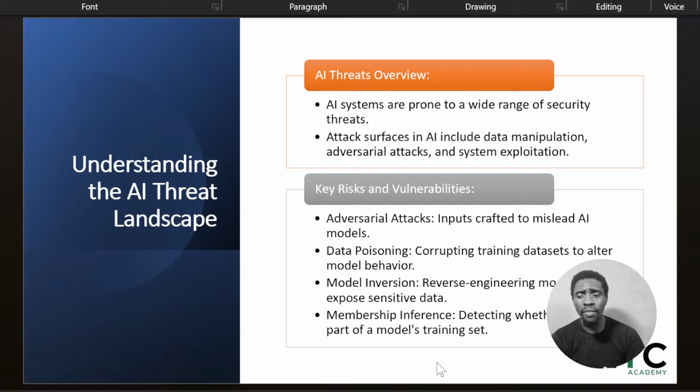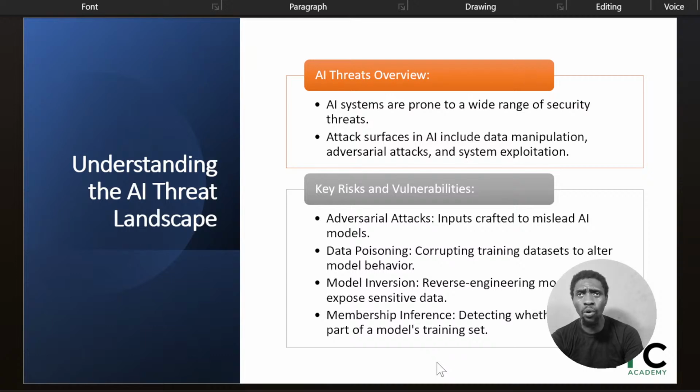There is a risk of revealing that particular data, and beyond just exposing that data, the malicious attacker or malicious actor will be able to identify whose patient data it is. So there is a risk of model inversion, which is a way of reverse engineering the model to be able to expose sensitive data.